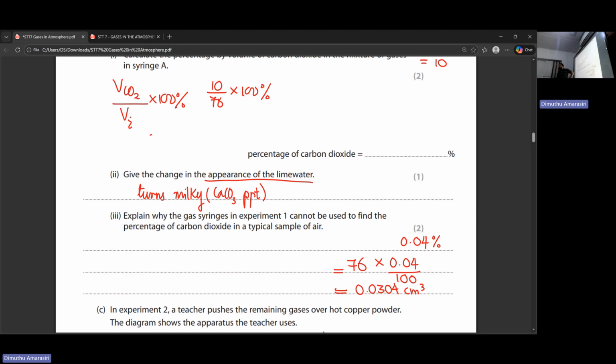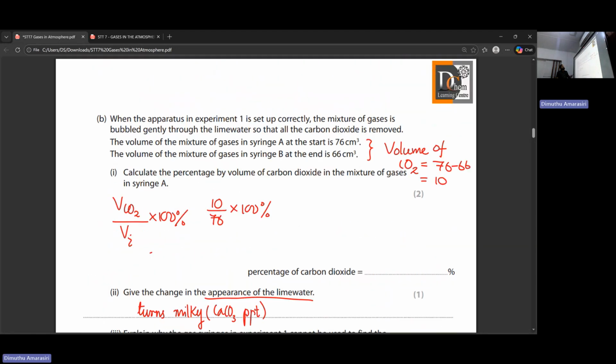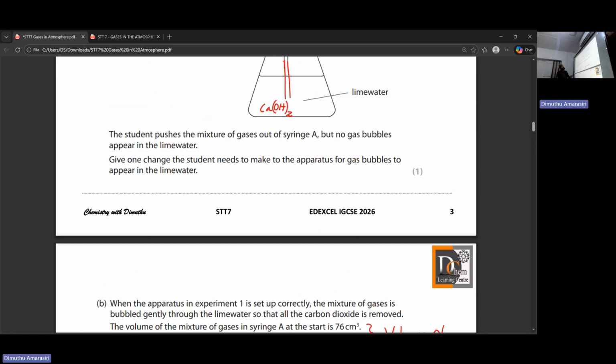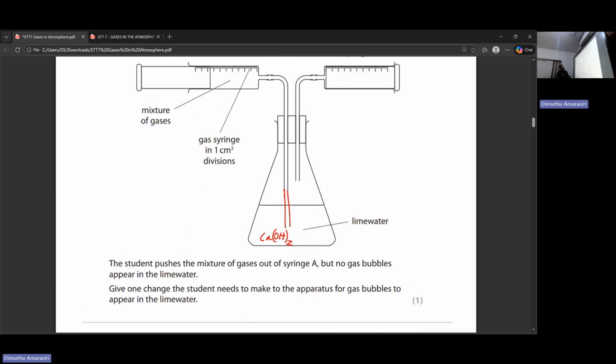Is that clear? Look, can you measure such a small volume in this syringe with its division?